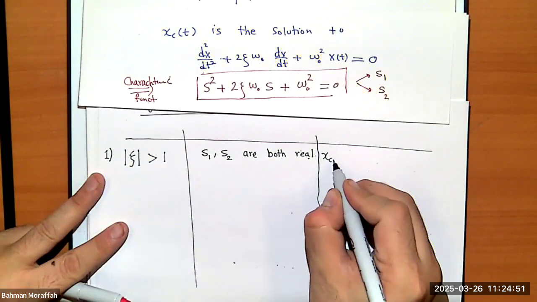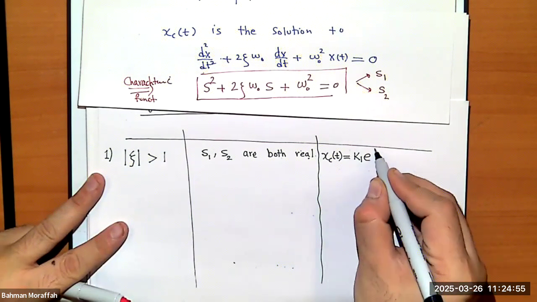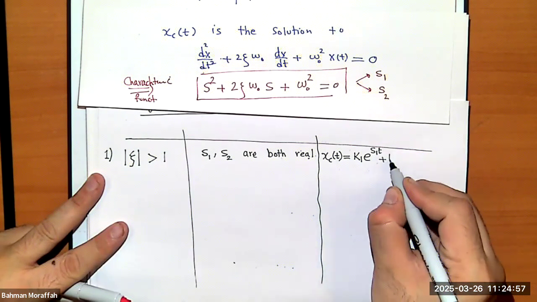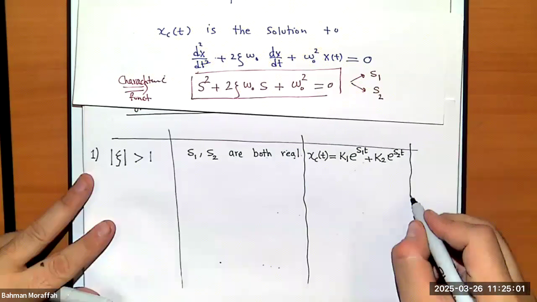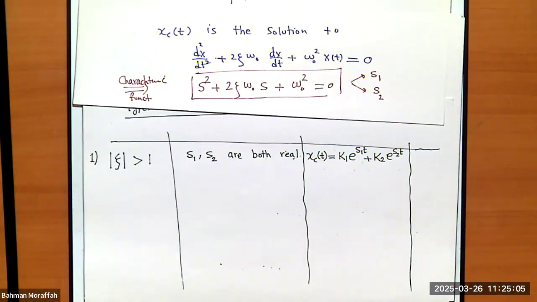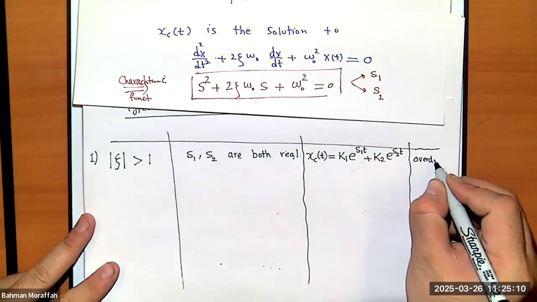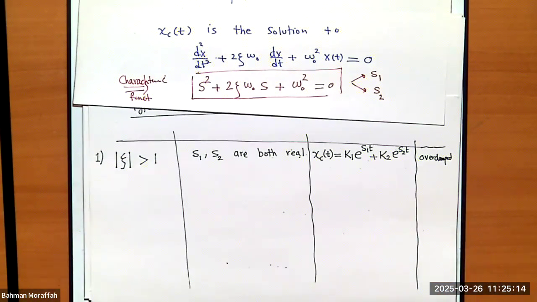The solution xc of t is some constant k1 e to the s1t plus k2 e to the s2t. Right? And we call this solution overdamped.